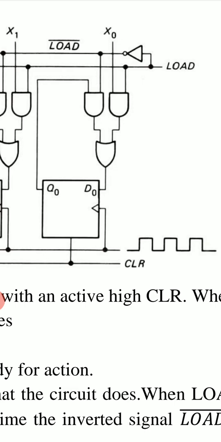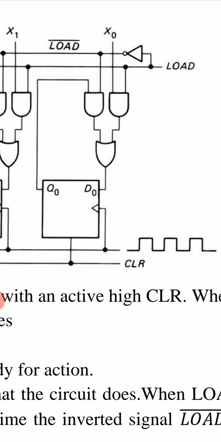When load is high, the right AND gate will transmit this bit X0 and D0 becomes X0, and when the positive clock edge arrives, this Q0 becomes D0, that is X0.